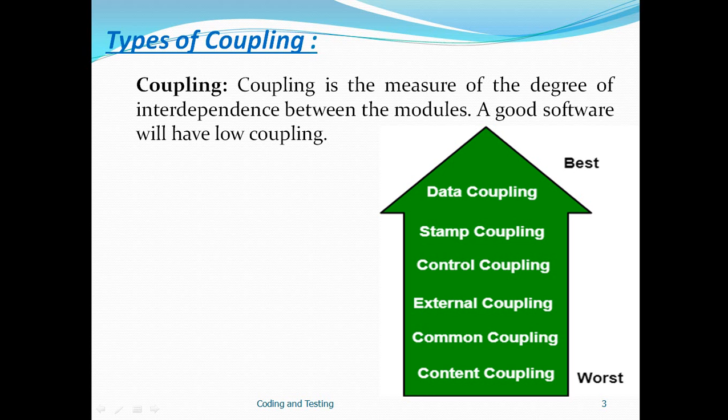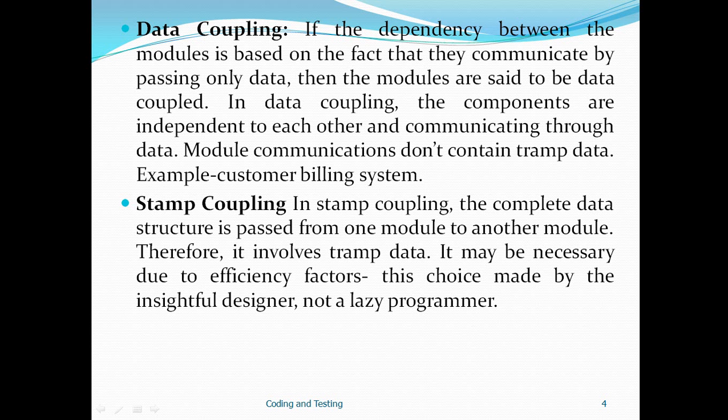Coupling can be classified into six categories: data coupling, content coupling, common coupling, external coupling, control coupling, and stamp coupling. In data coupling, data is passed among the modules, but there is no change between them.